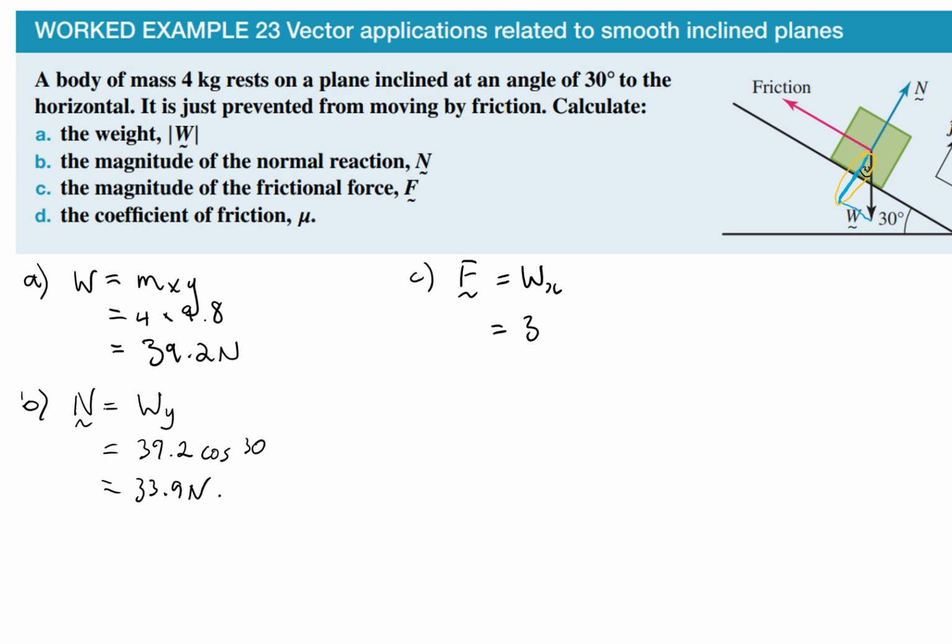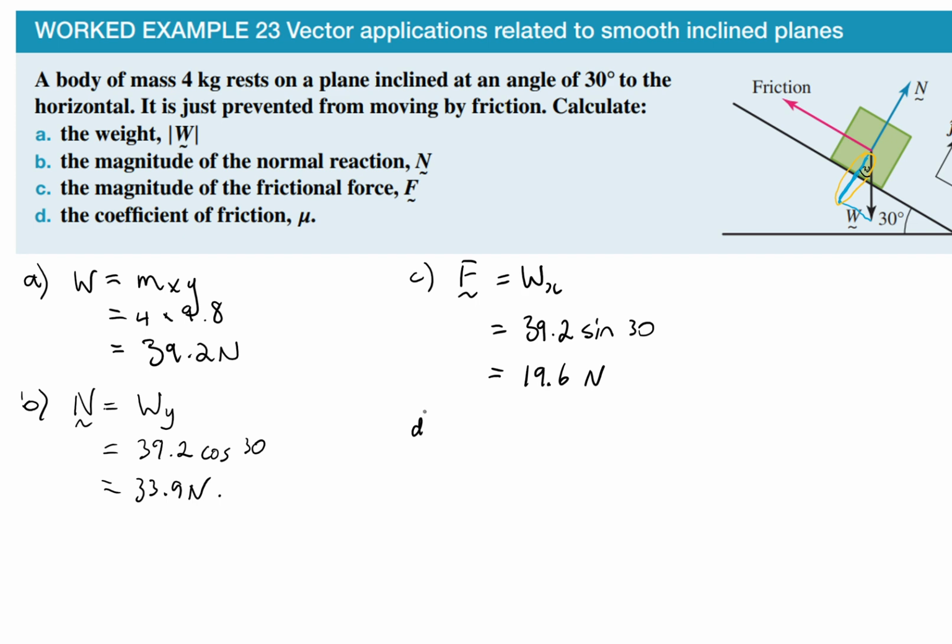This will be 39.2 sine 30 degrees. And I believe that's 19.6, just keeping it to one decimal place, in newtons. Now that will technically be negative because it's going in a negative direction, but they're after the magnitude, so we'll just stick it there.